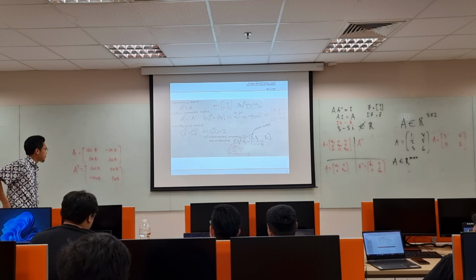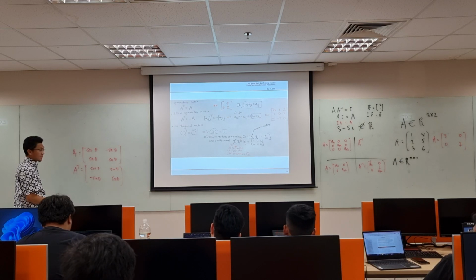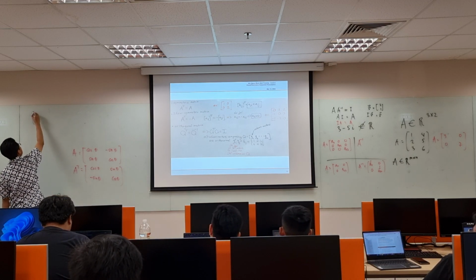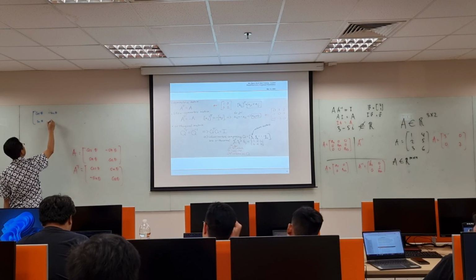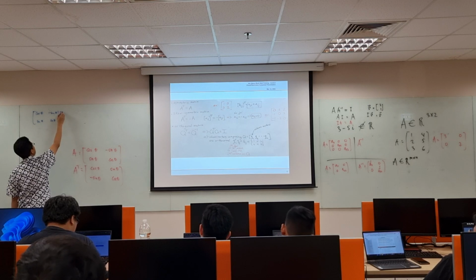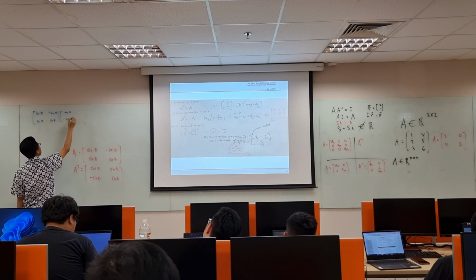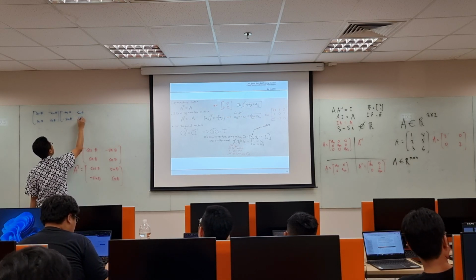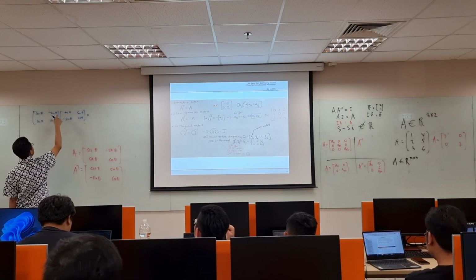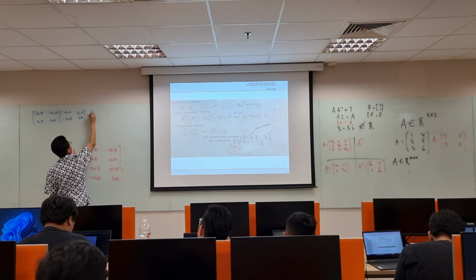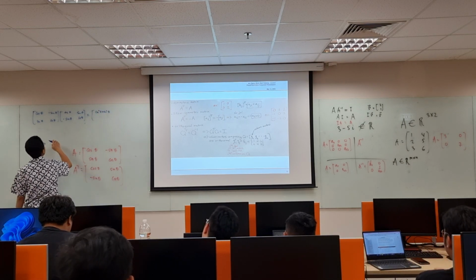Okay, multiply them. Cos theta sin theta minus cosine square plus sine square. Cos square theta plus sine square theta. Okay.